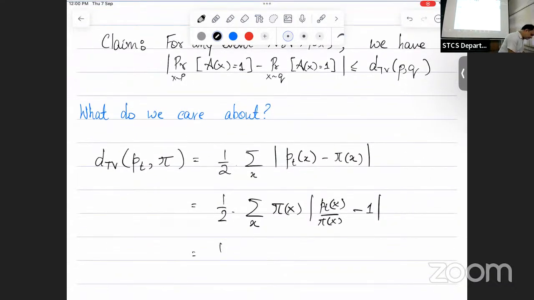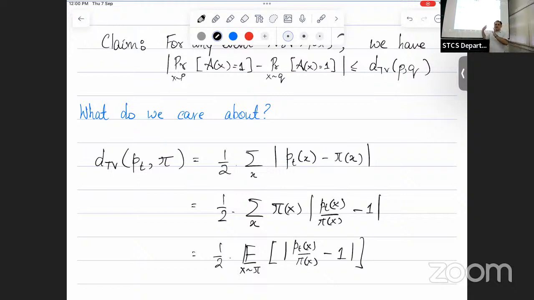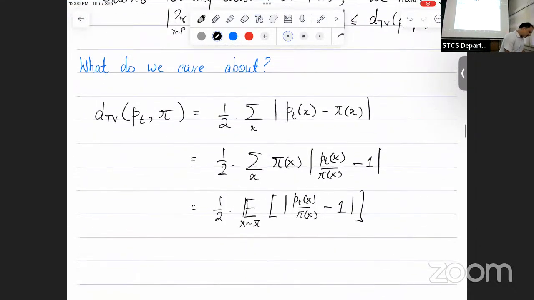And this is half times, for now I can write this as the expected value of x according to pi of the absolute value of pt of x by pi of x minus 1. Okay, just to rewrite what we want in terms of something that we can control.